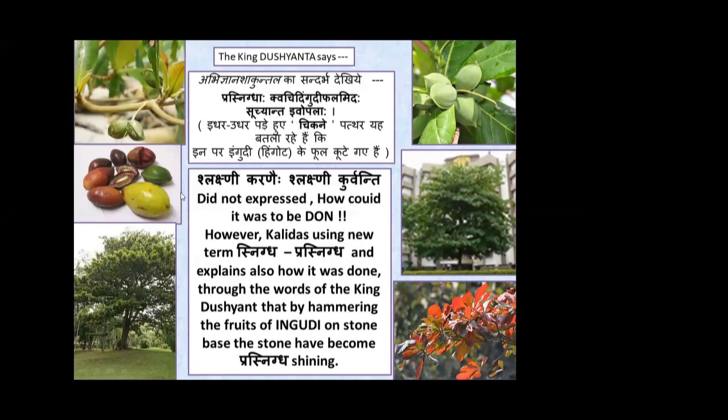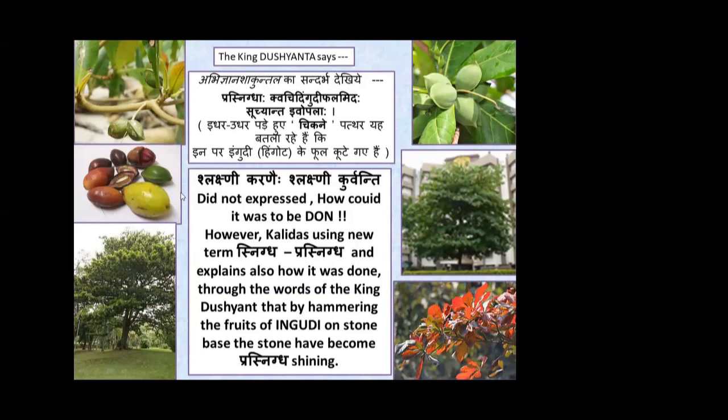And he mentions that in an earlier period also it was done so. That's why he is referring to it. So he refers to the upala, that is the stone.